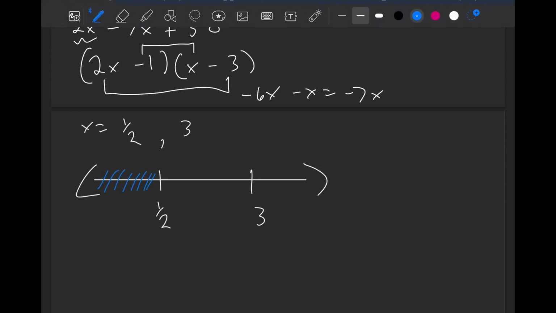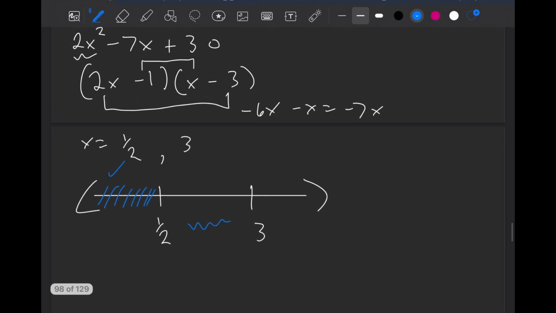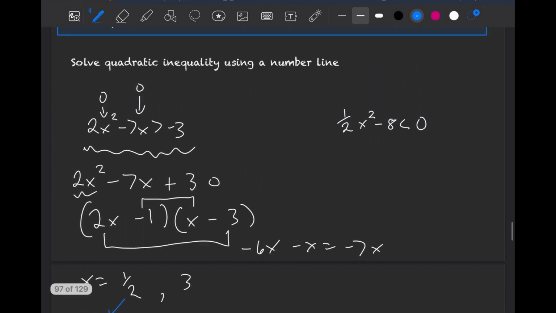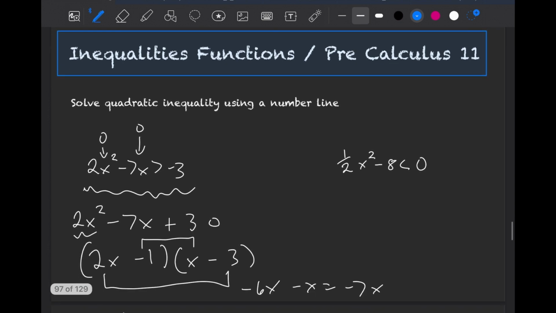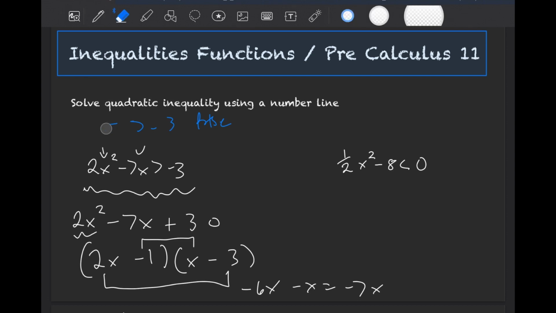If we plug in something in the interval 1/2 to 3, let's say we plug in 1, we will get 2 minus 7, so minus 5 is greater than minus 3, which is false.